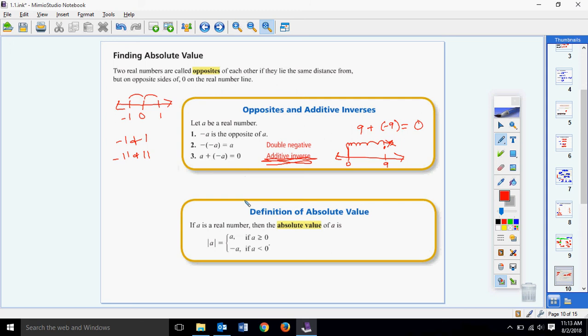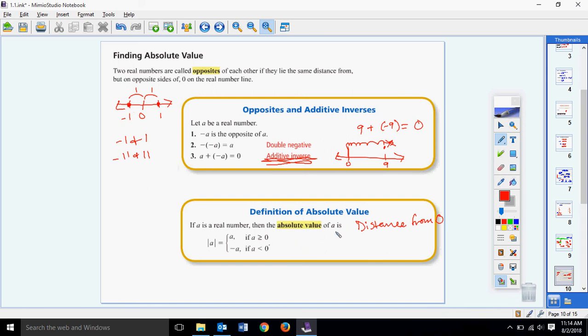This idea also connects with absolute value because the definition of absolute value is the distance a number is from 0. So how far away is negative 1 from 0? Well, we said that's 1 unit. How far away is 1 from 0? That's also 1 unit.